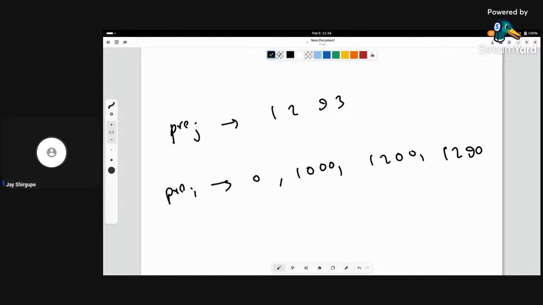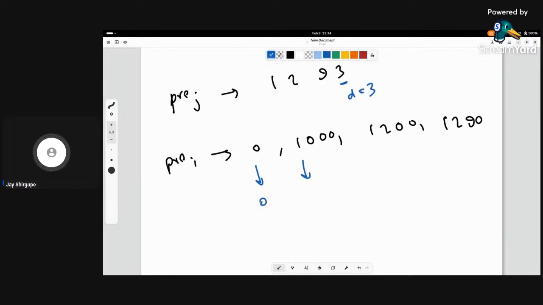Rather than storing these, what is my d? My d is 3. Then instead of storing them, we just store their values modulo 3.